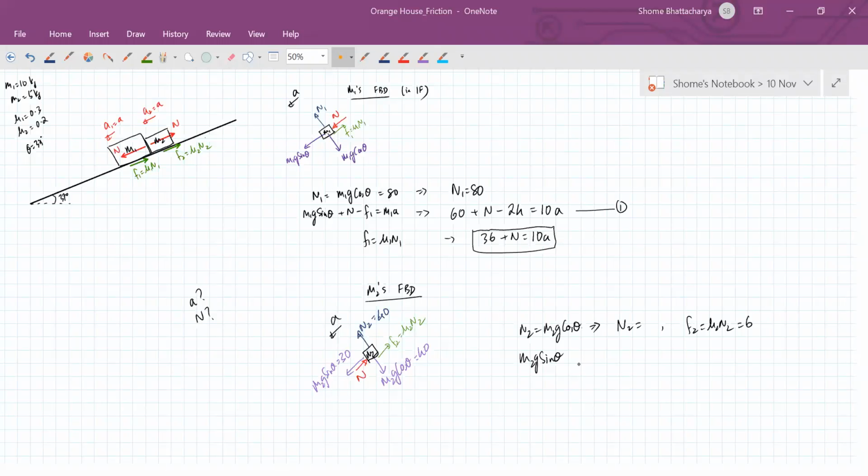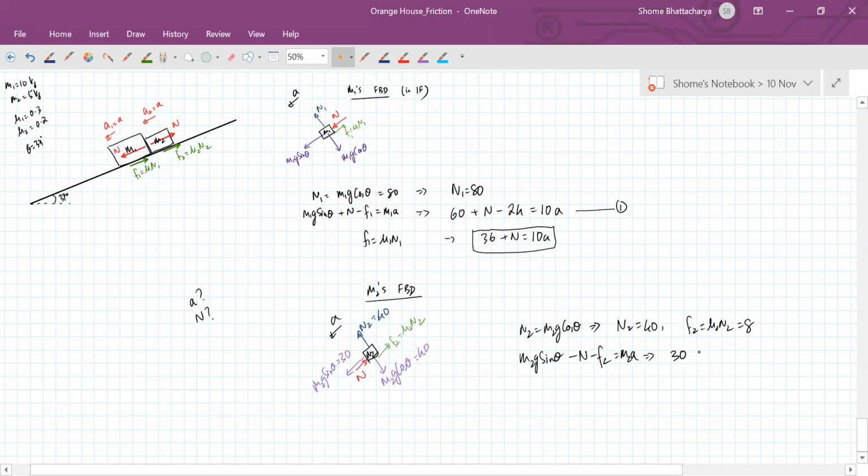So now this time 40 plus N minus f2 is equal to m2a. So this equation will become 40 plus N minus, this friction will change. This friction will be how much? This normal reaction is 40 newtons, so this friction is 40 into 0.2, so it's 8 newtons.